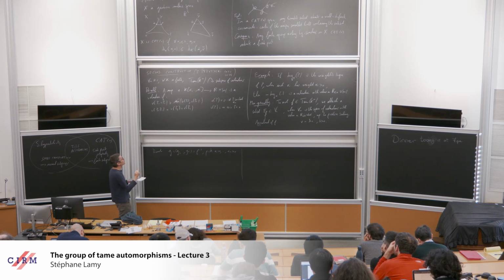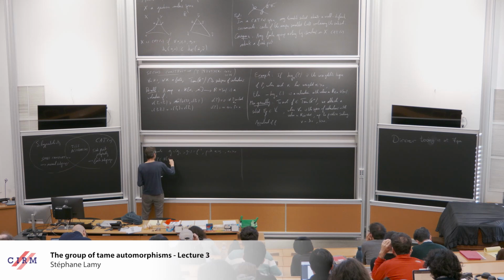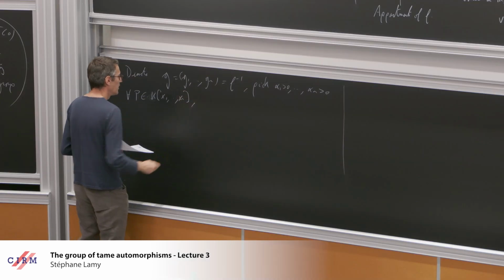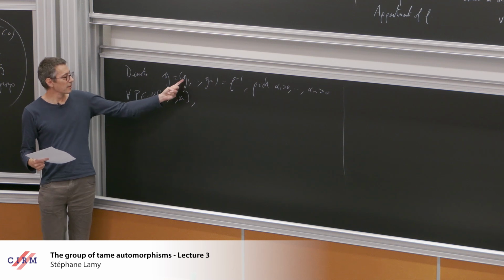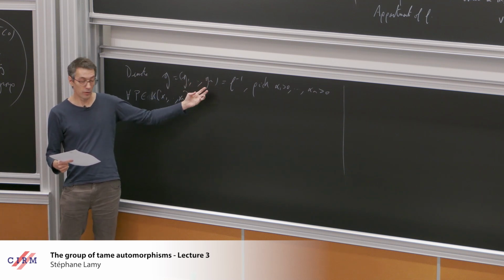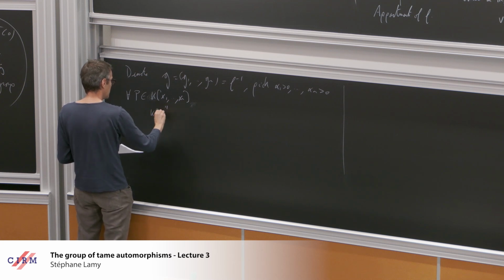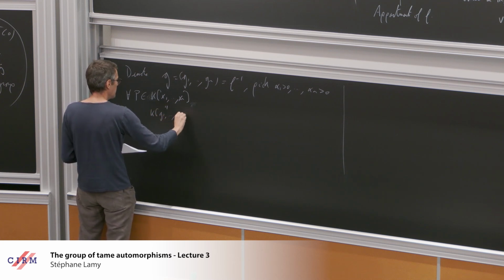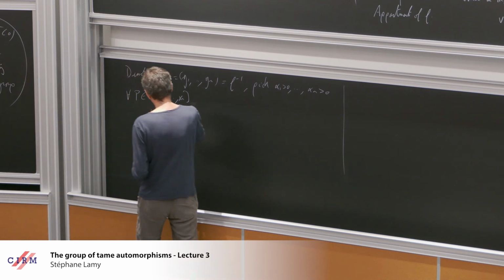Now you pick a polynomial p and you want to define the value of your valuation for it. You can write p as a polynomial in x1, ..., xn, but since g1, ..., gn is an automorphism, this algebra is also the algebra generated by g1, ..., gn. So you can write p in a unique way as a polynomial in the gi.